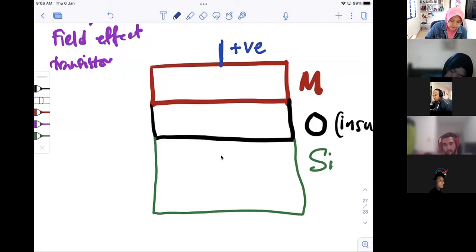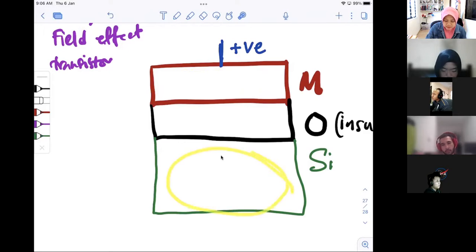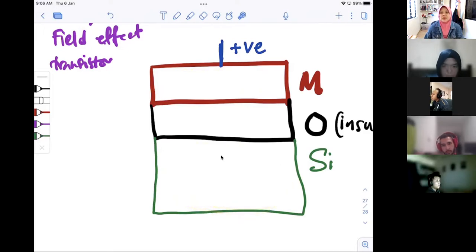What will happen in this structure? I'm applying a positive voltage to the metal here. What happens to the free carriers in the silicon semiconductor? Anybody want to try?